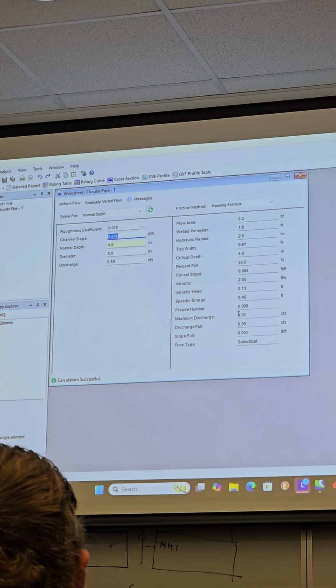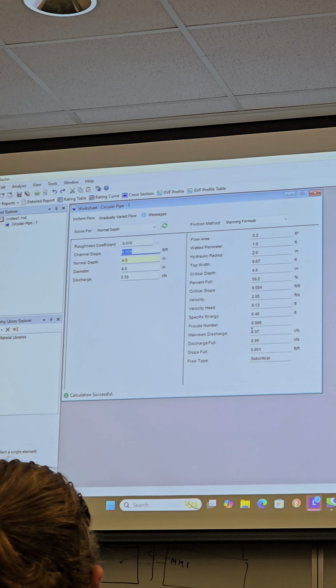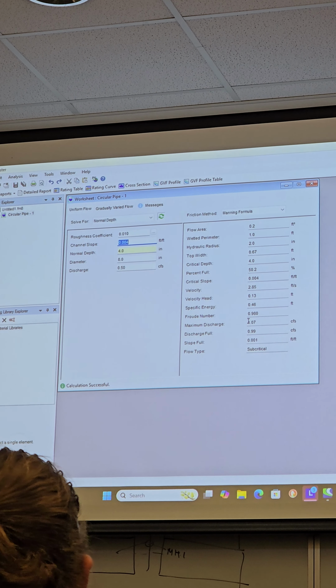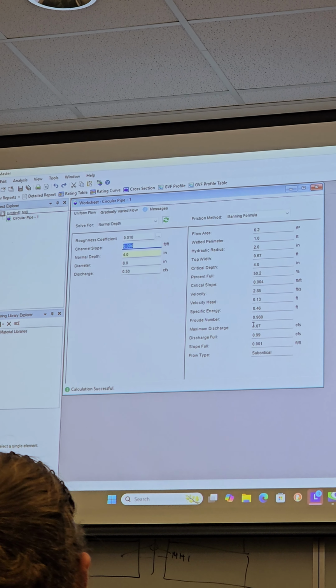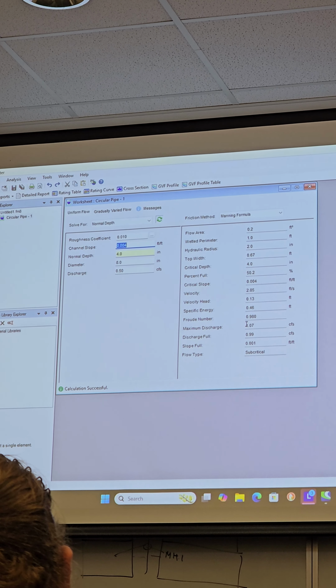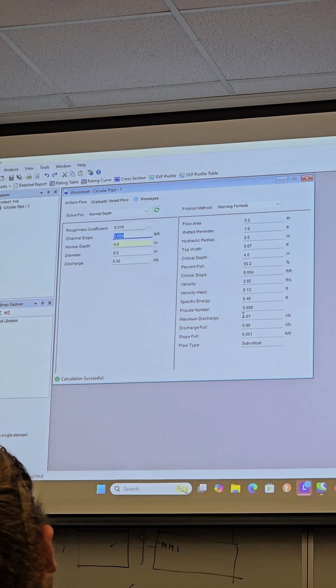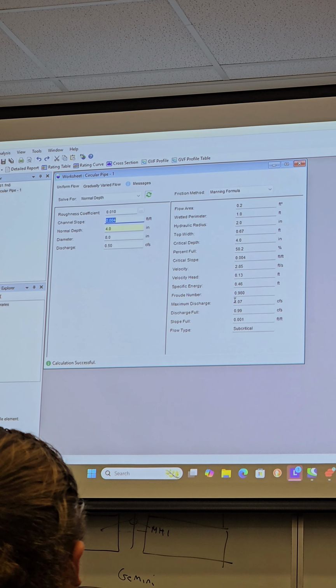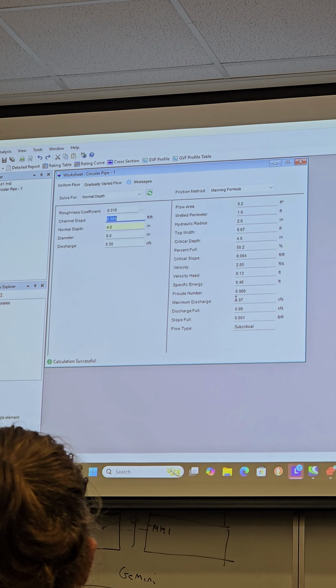But again, the average American family is 4 people plus or minus. So you're just not producing a lot of flow. So the gravity system, from a hydraulic standpoint, isn't terribly complicated. The lift station is way more complicated, but not the gravity system.